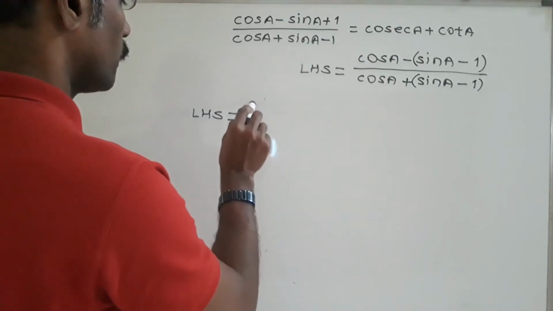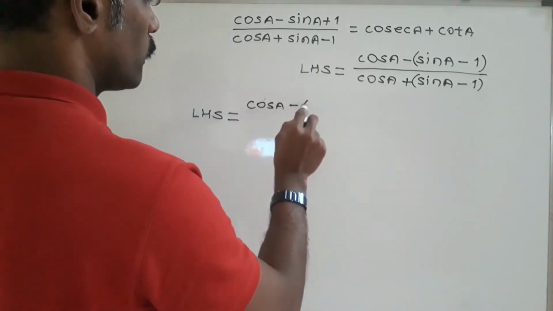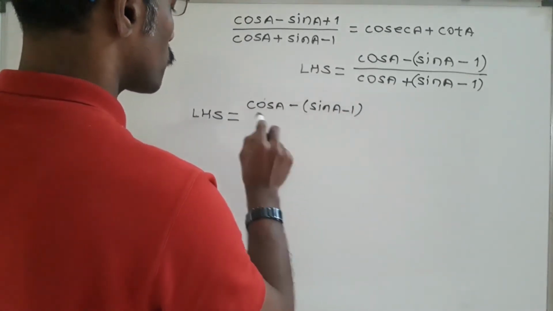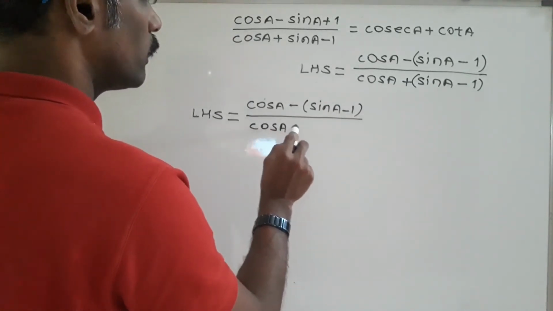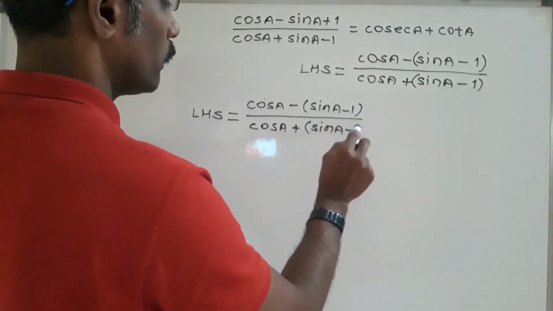So we have (cos A − (sin A − 1)) upon (cos A + (sin A − 1)).